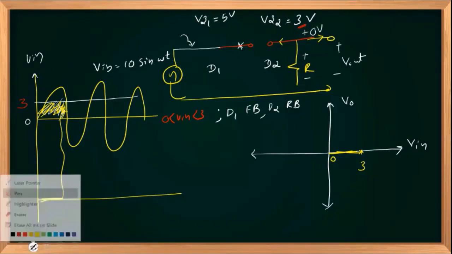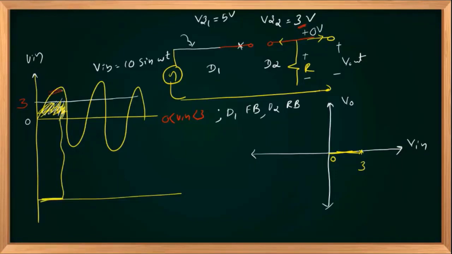The moment V in crosses 3 volts, D1 remains forward biased, no change, because its anode voltage is going up, so it stays in the on state, short circuit. Whereas the reverse bias of the D2 diode now exceeds 3 volts, and that 3 volts is the breakdown voltage required for diode D2.